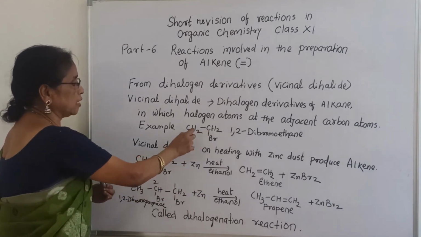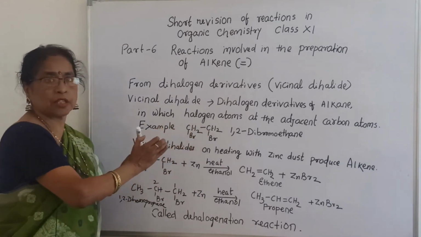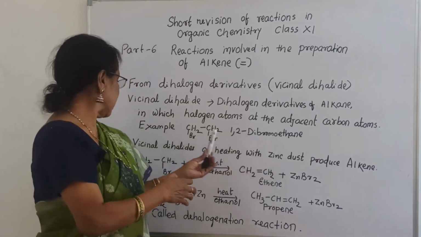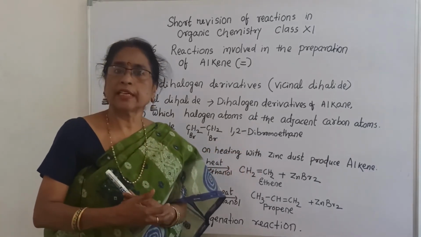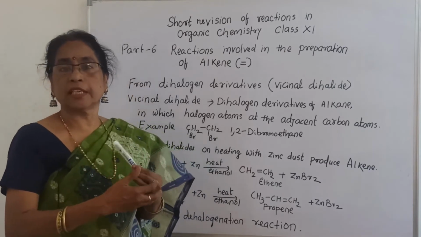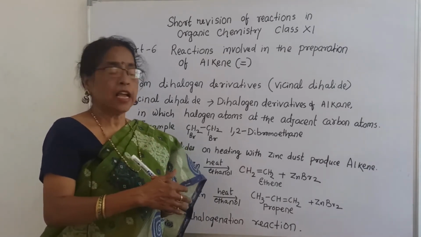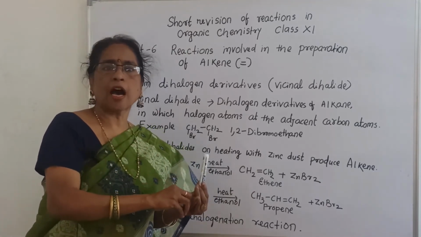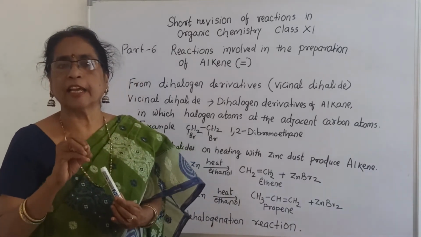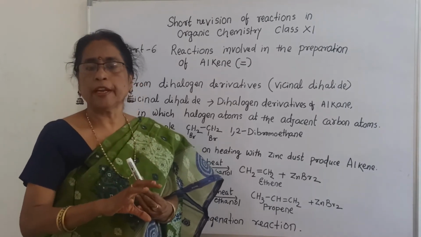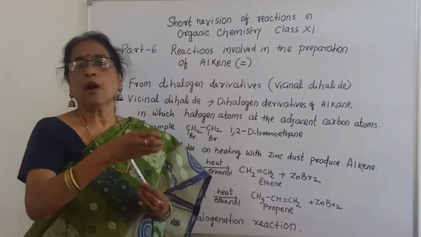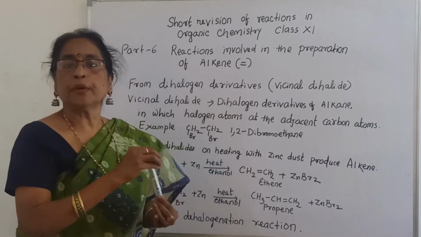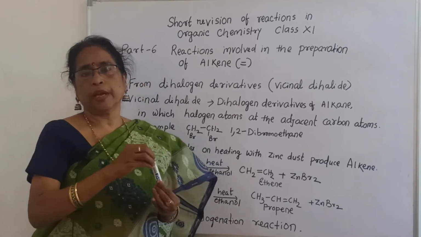Adjacent means they are both attached, and the bromines are there. So how the vicinal dihalide reacts with zinc on heating to produce alkene, and what type of alkene? If three carbons, you immediately write a three-carbon alkene, that is propene. If four carbons, you see where the double bond should be present, either but-1-ene or but-2-ene.